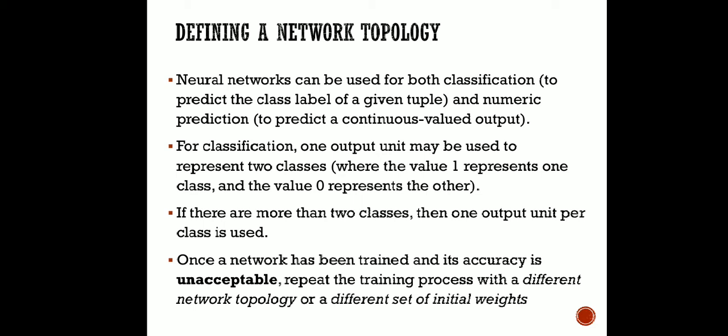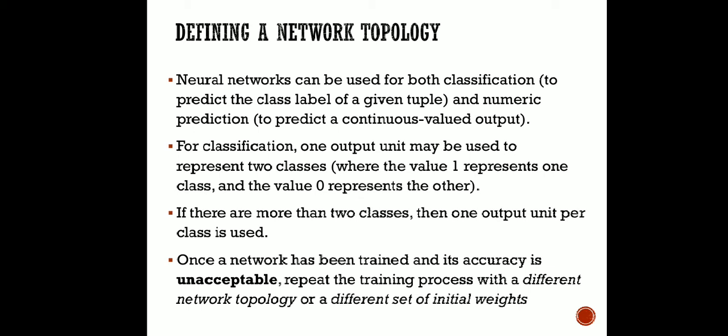So one output unit will be enough, because both cannot occur at the same time. Whenever it is true, my decision is positive, and whenever it is false, my decision is negative.